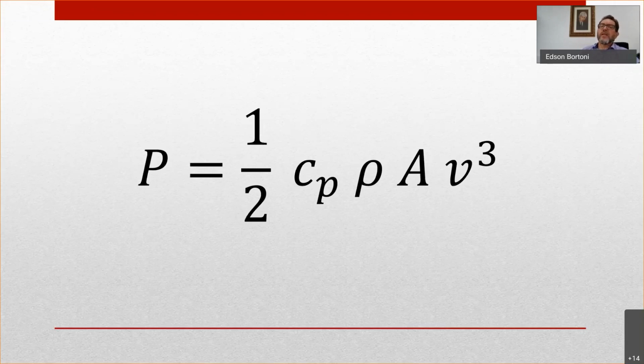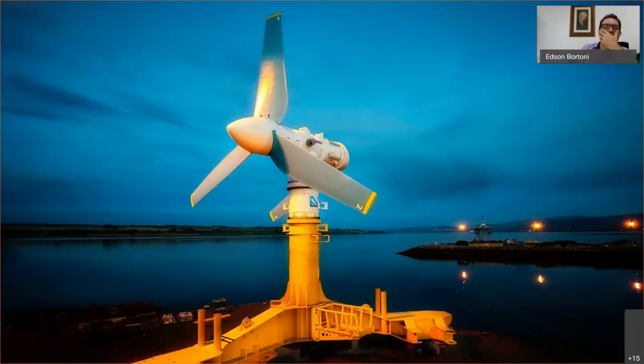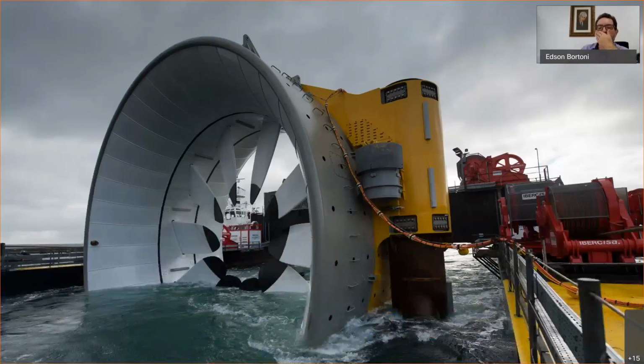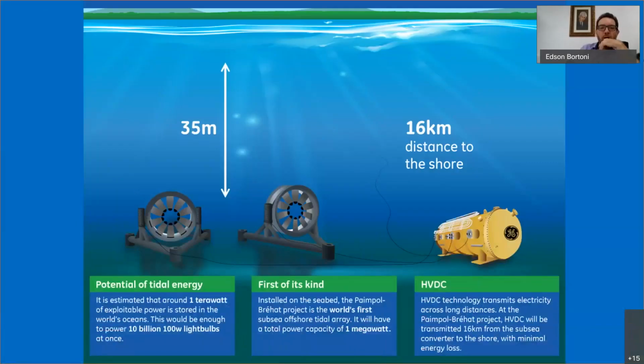So you can have small areas generating the same power as the wind. So here you have marine current applications, also with substations.